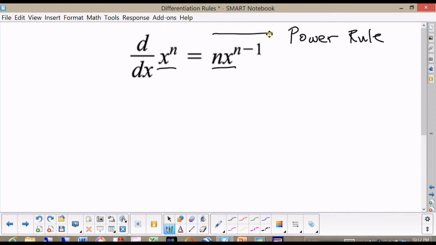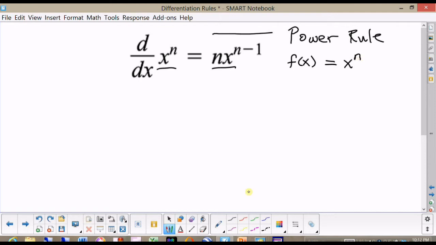Now, to do this calculation, we must do this. If f of x is equal to x to the n, now we've already done this, as you know, for n equal 1 and n equal 2, and some of you have done it for n equal 3.